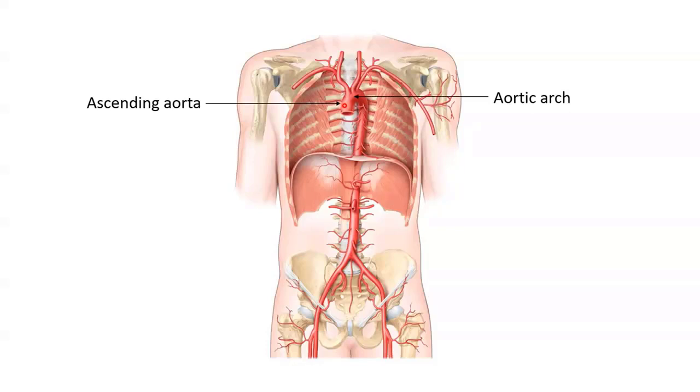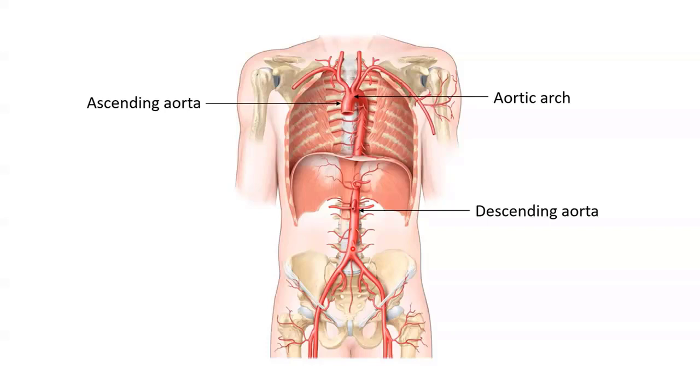The arch of the aorta, or the aortic arch, is where that artery begins to curve and then move inferiorly. So again, it's just a small section of this vessel, kind of about here. And then our descending aorta is all of the aorta which is going down or descending. So it extends all the way from here down to here.